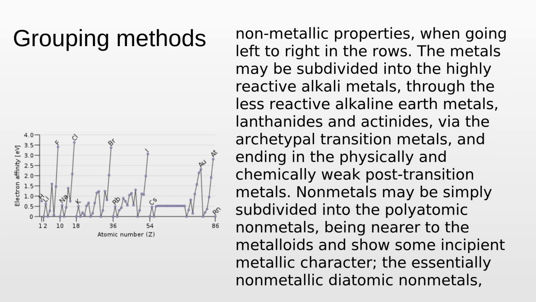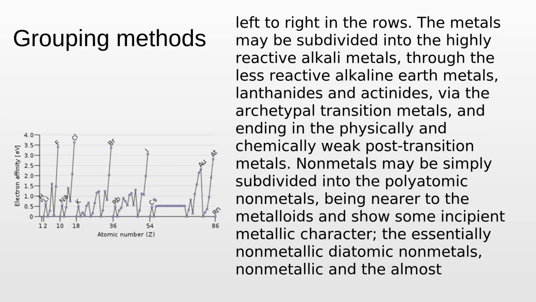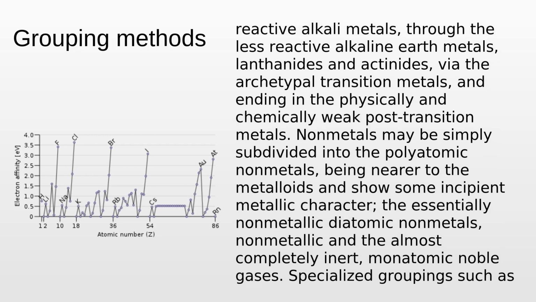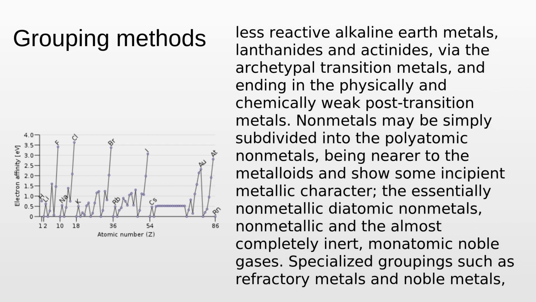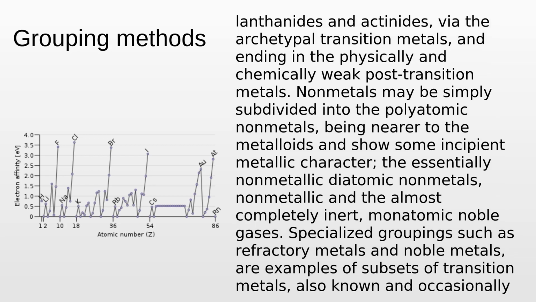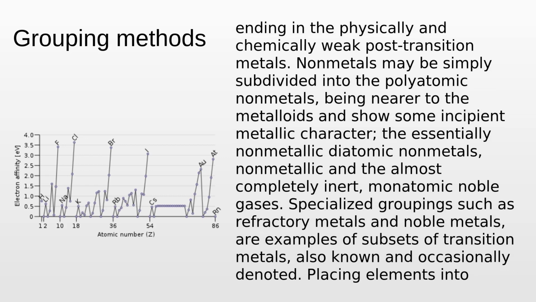When going left to right in the rows, the metals may be subdivided into the highly reactive alkali metals, through the less reactive alkaline earth metals, lanthanides and actinides, via the archetypal transition metals, and ending in the physically and chemically weak post-transition metals.